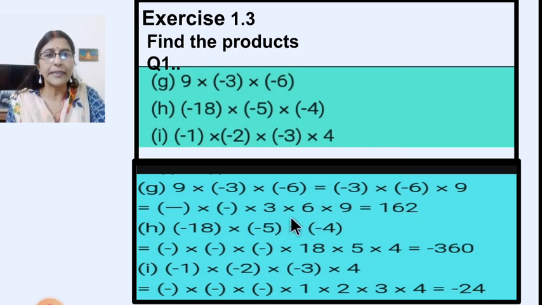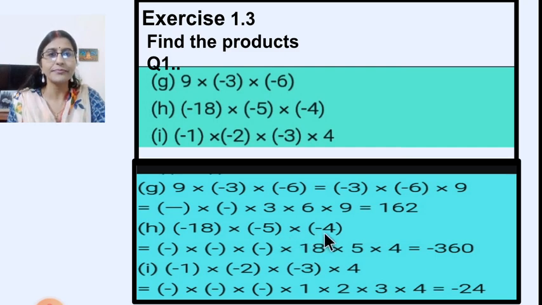Now first we will multiply these whole numbers. 3 into 6 is 18, 18 into 9 is 162. Then we will see the sign, minus into minus. We have learned minus into minus is plus. So if you don't give any sign also, it is understood plus sign is there. So the answer is 162.